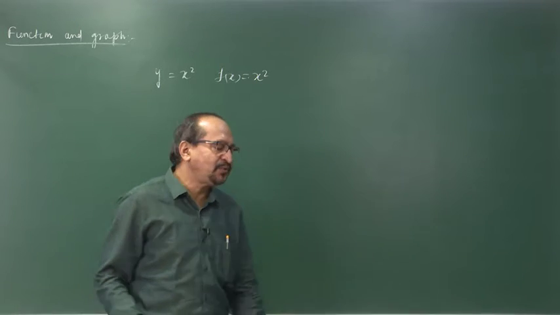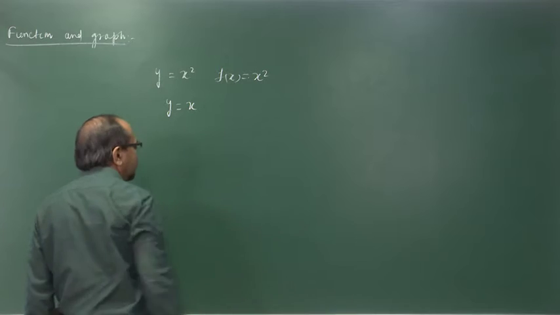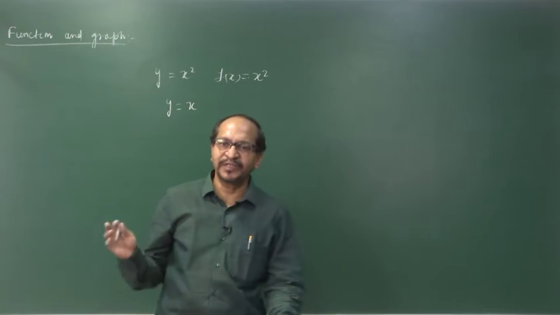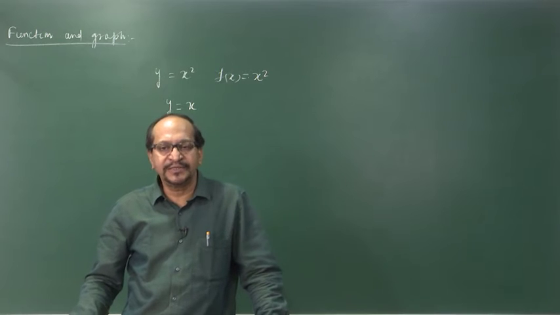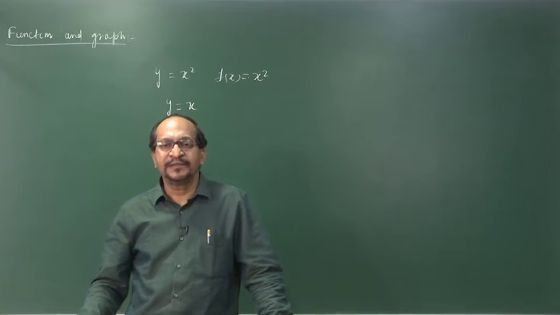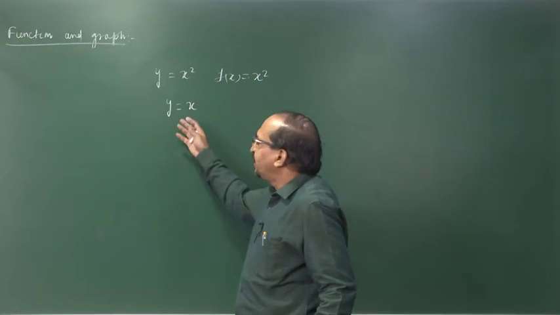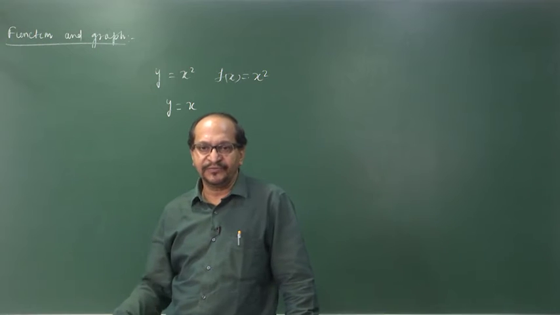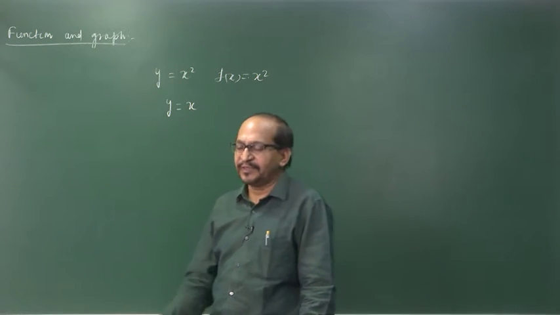Okay. When you say y is equal to x, here x belongs to the real numbers, any value of real number it can assume. So, the domain is real numbers, while the range is also the entire real numbers, because y can take all positive and negative values, fractions, all values of the real numbers.